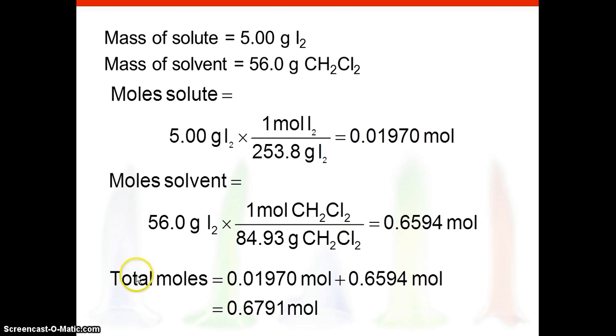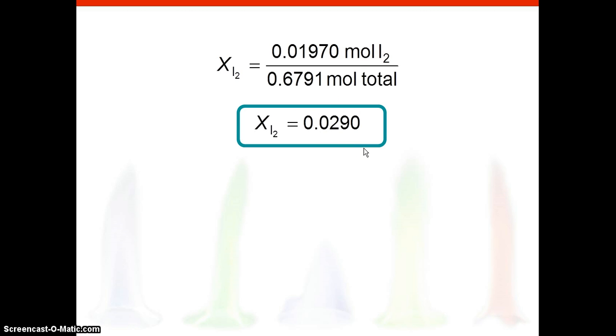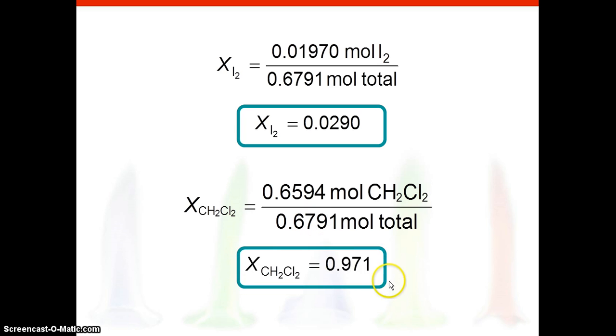So total moles, you get solute, which is 0.01970 mole, plus 0.6597 mole, you get 0.6791 mole. So we have the mole fraction, part divided by total. For I2, it is 0.0290, and for CH2Cl2, it is a 0.971 mole fraction.